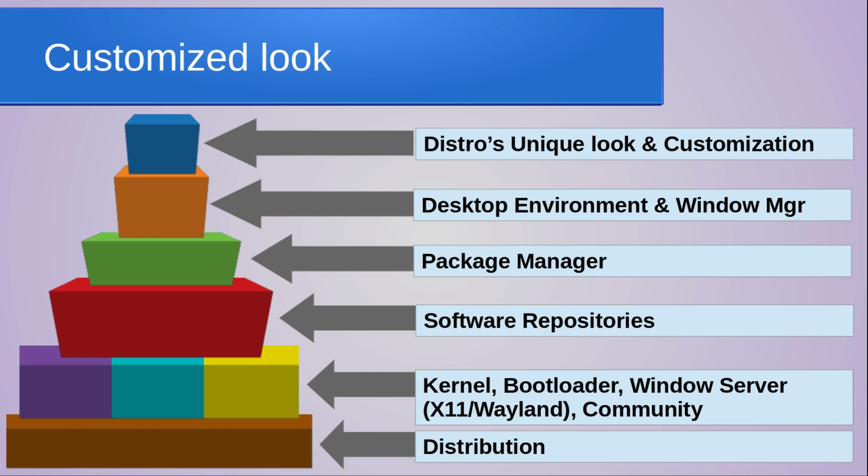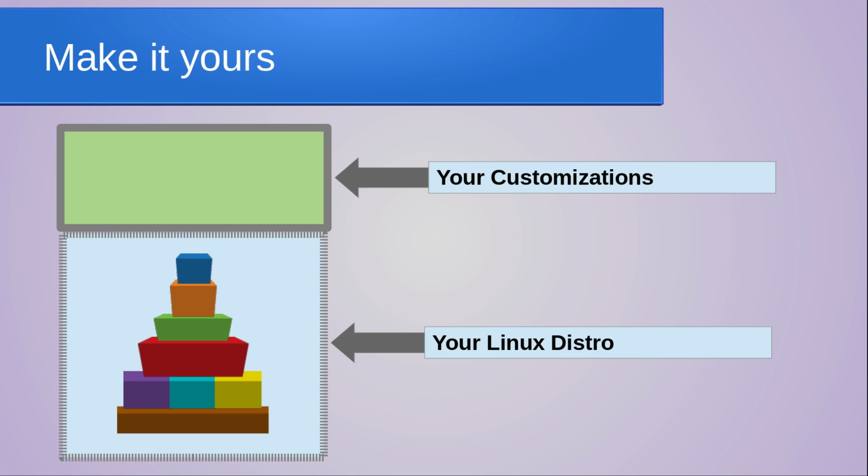They'll all be tweaked a little bit with their own color schemes, their own set of wallpapers, and then sometimes they'll usually use a different package manager GUI. And then there might be a couple of little pieces of software thrown in here and there that are different because they chose to go with that.